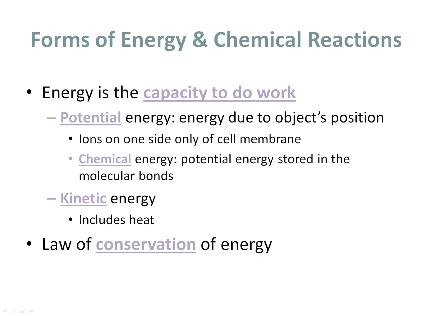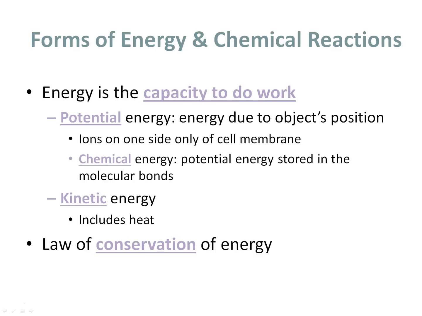Chemical energy is potential energy that is stored in a molecular bond, a chemical bond. For instance, we have covalent bonds between the carbon, oxygen, and hydrogen atoms in glucose, and that is a form of chemical energy. So stored energy in those chemical bonds.